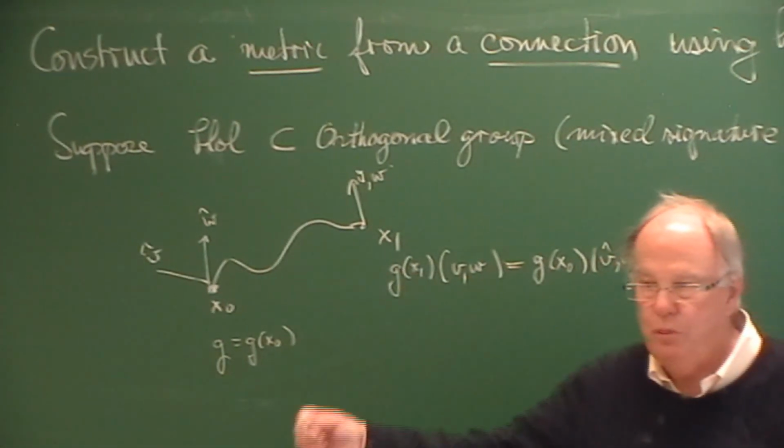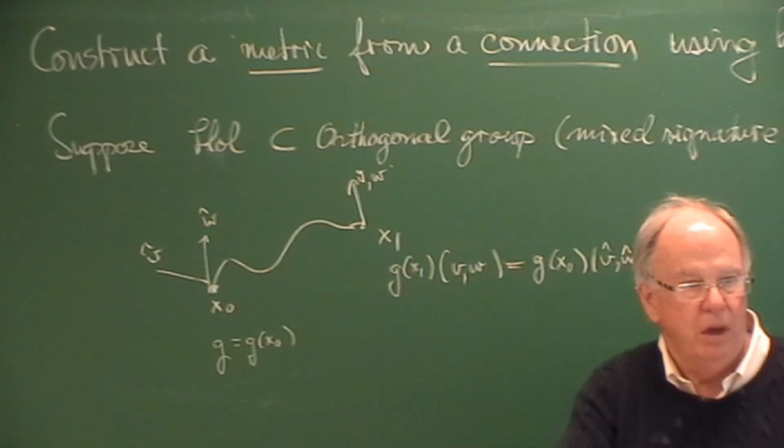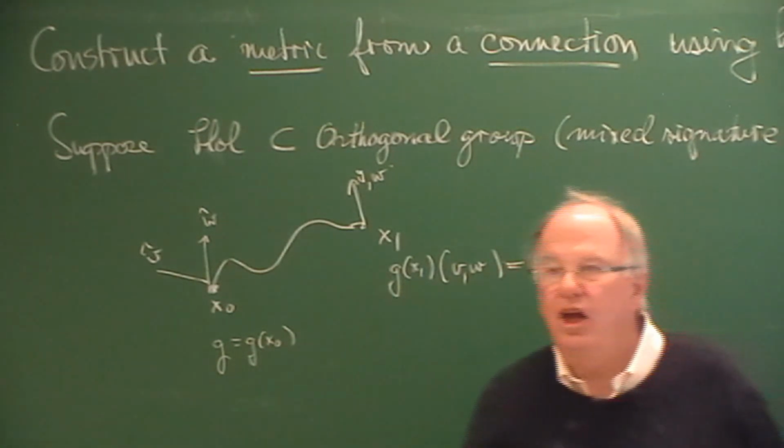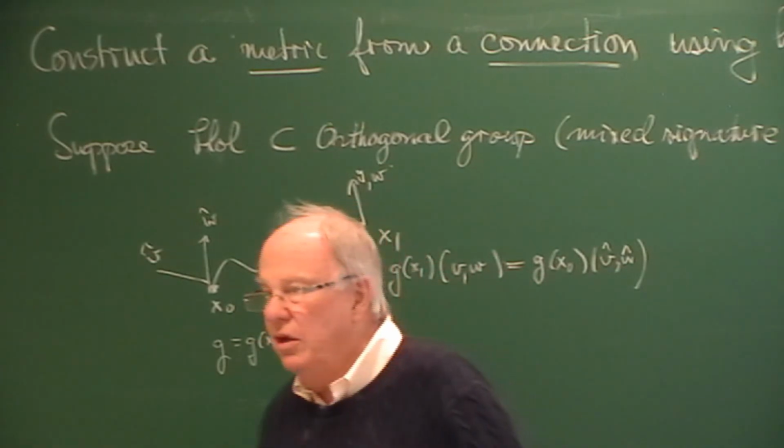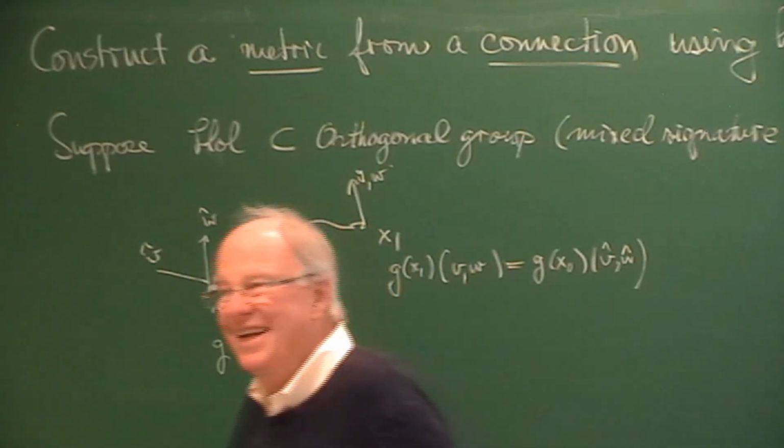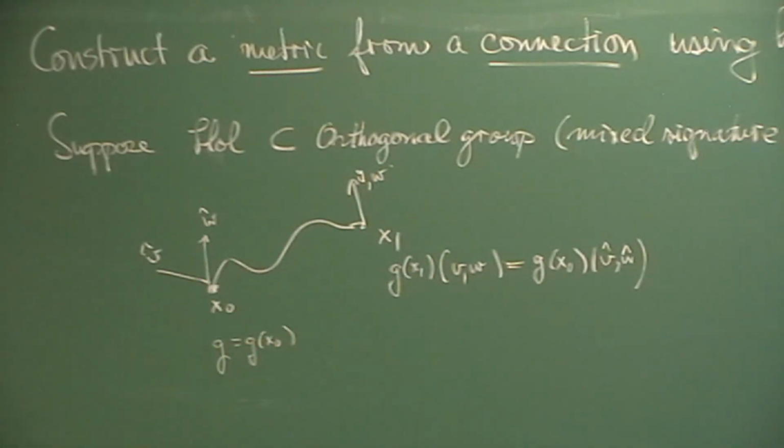Just push back where you know it, and define it. And just check that what you've defined is a metric, and that for this metric, the given connection is a metric connection.